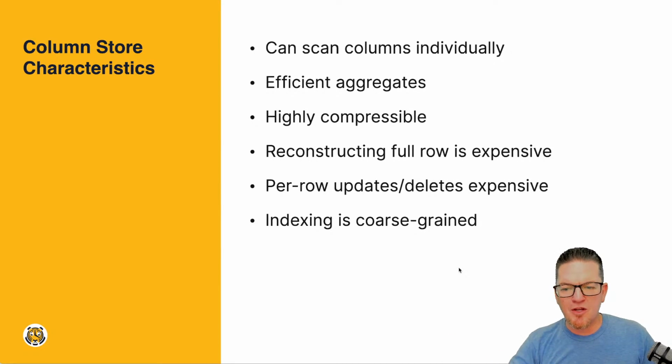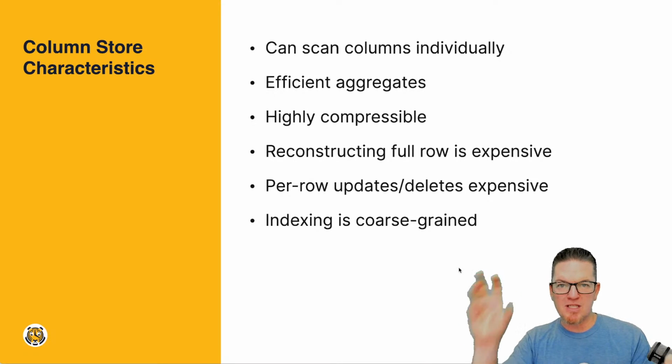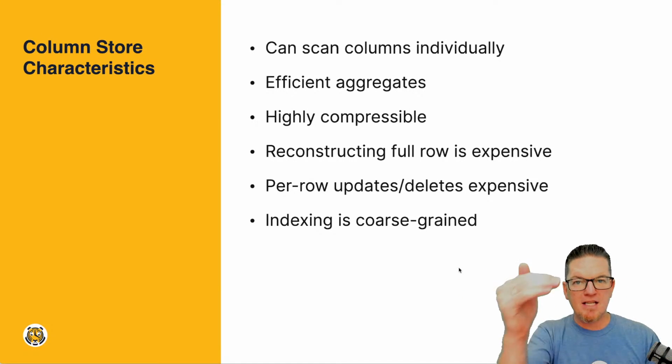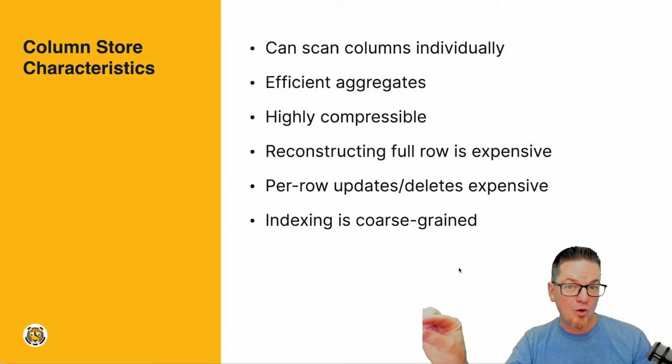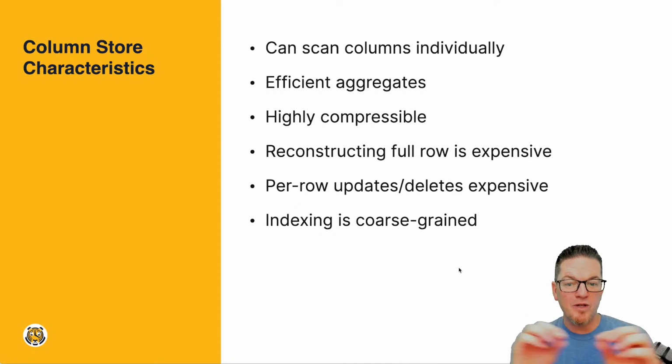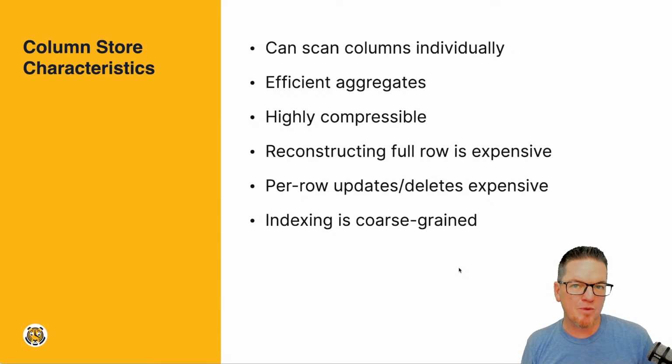The couple of downfalls are that restructuring the entire row gets more expensive. Rather than getting one row for a select, I now have to select individual columns, decompress them, find the row that I'm trying to select, reconstruct it into a row and give it back to you. That takes more resources when you're trying to get a lot of values for a few rows. So per row updates and deletes are expensive, or maybe not even possible.